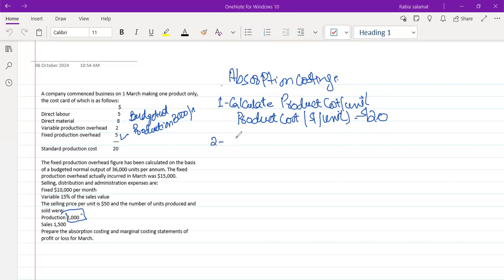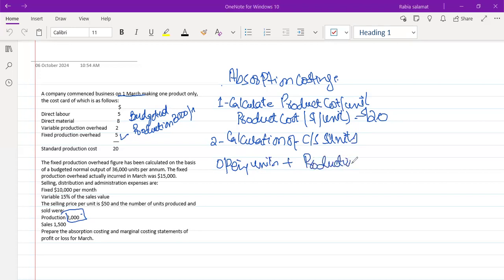Second, now we have to calculate the closing stock. The business commenced on the 1st March, so they have no opening stock. Calculation of closing stock units: opening units plus production units minus sales units. How many opening units?